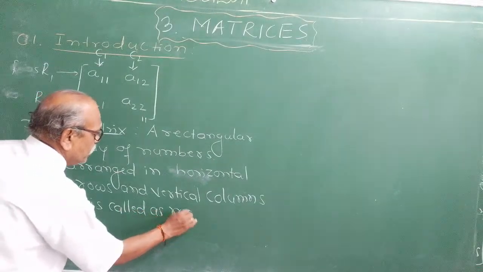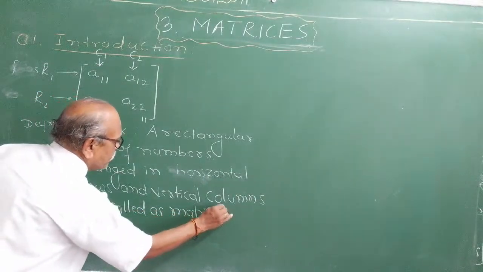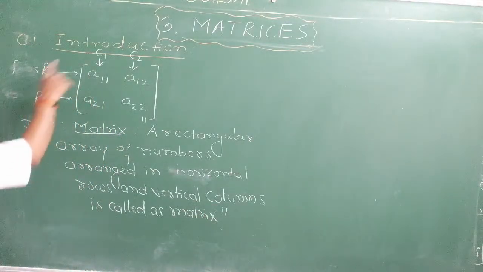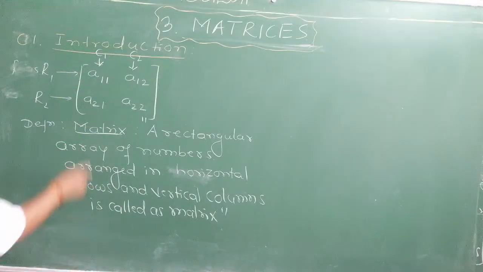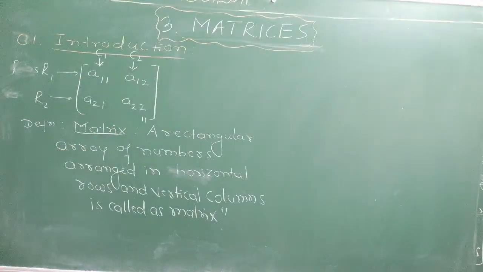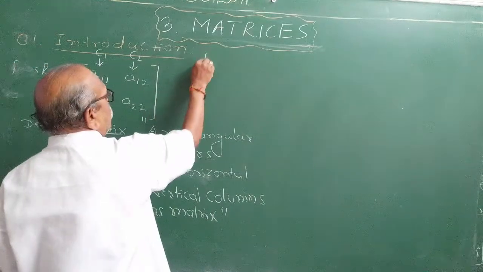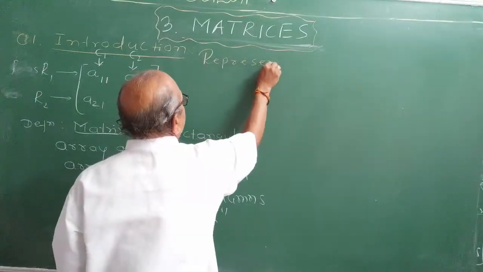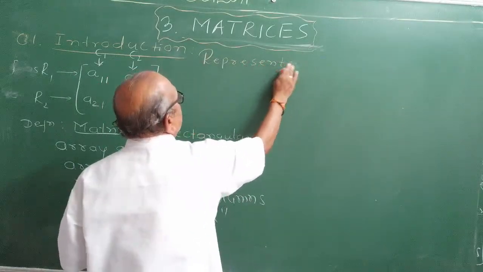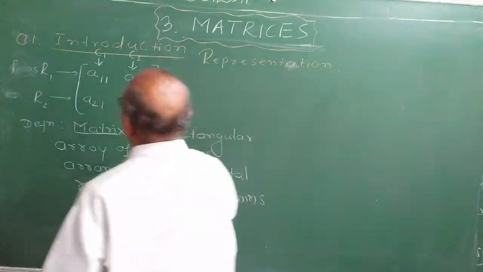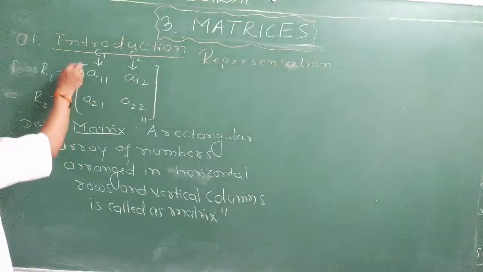Let us see some basic concepts today of matrices. What is a matrix? A matrix is a rectangular array of elements, arrangement of elements in horizontal rows and vertical columns. Right? And how are matrices represented? You can observe in the diagram here, these elements are represented.